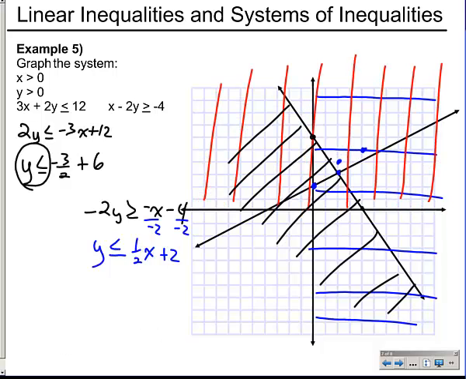And it looks like my dots were off a little bit, so I should have been right here. My slope was off. Okay, so there's that line, and I want to look for the area that is smaller. So smaller than that would be on this side.